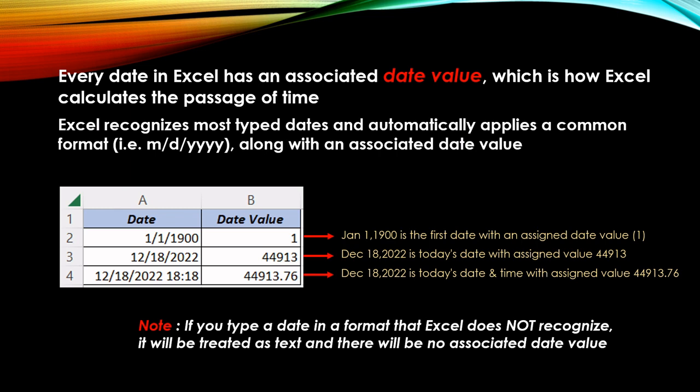If you happen to type a date that Excel doesn't recognize, one common example I even see is typing a series of numbers like year, month, day. For January 1st, 2022, if you typed 20220101 with no dashes or slashes, Excel would not recognize that as a date, so it wouldn't apply an underlying date value, and it would treat it as a text string or, in this case, a number.